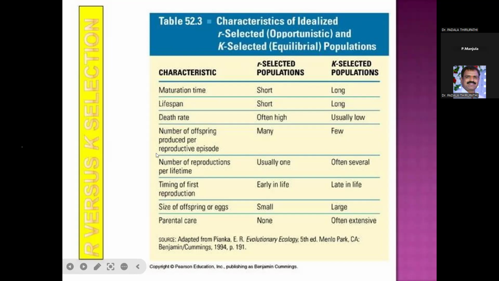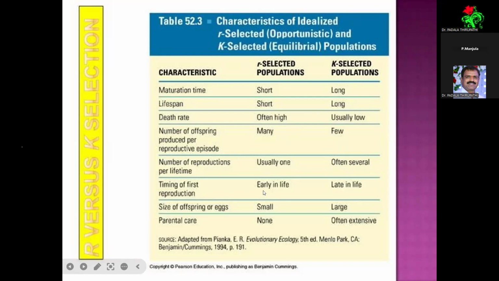The number of offspring produced per reproductive episode is many in r selected species, whereas few in K selected species. The number of reproductions per lifetime is usually one in r selected species, whereas it is several times in K selected.